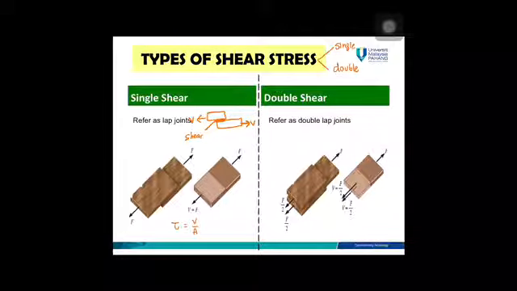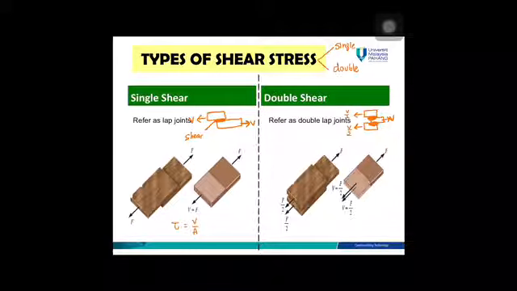Double shear is the force between three plates. Okay, here this part and this part, you will have a shear force. This is V. To make this structure in equilibrium, then this one will be V divided by 2, then V divided by 2.